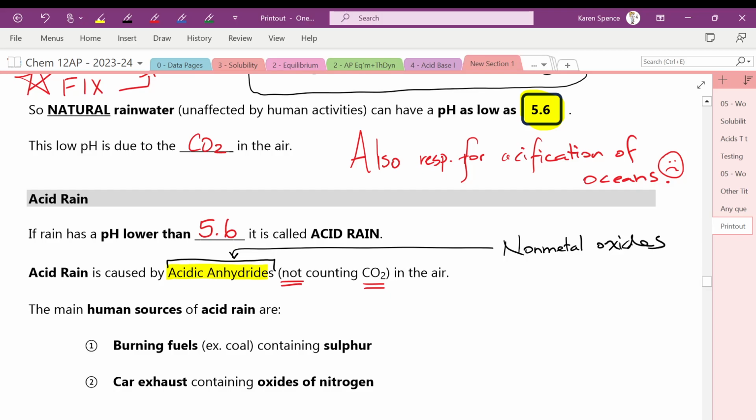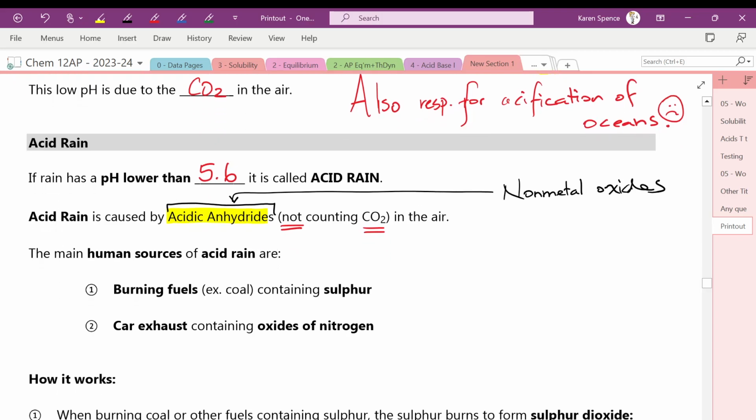We burn fuels. For example, coal. Coal often contains sulfur impurities. And when you burn it, the sulfur reacts with oxygen and you get SO2.